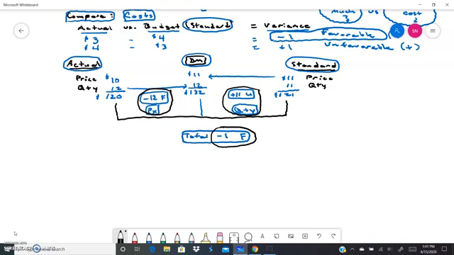So for instance, the price variance would simply be the difference between actual minus standard price times actual quantity. Okay, so that would be how you would determine the price variance, and then there's a similar equation.